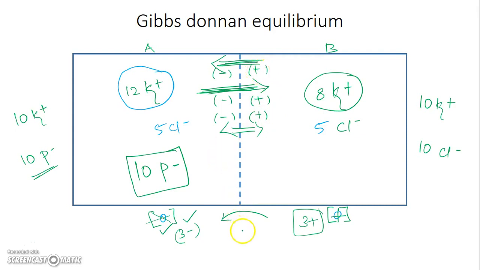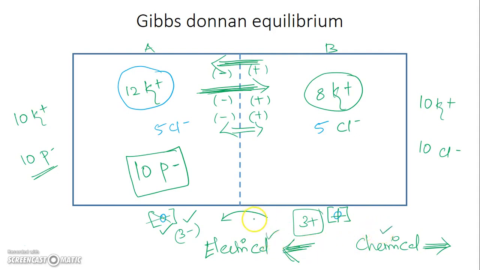At this point of time, the electrical gradient pushing from B to A becomes equal to the chemical gradient pushing the potassium from A to B. If both the electrical and chemical gradients become equal, then there is no net movement of potassium ions.